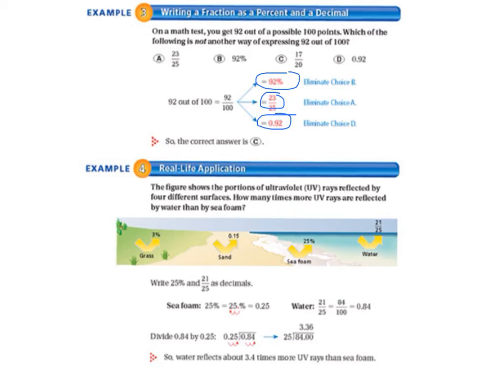But if you look at choice C, that one does not work because 17/20ths is not equivalent to 92/100ths.